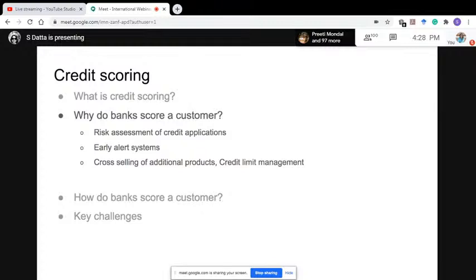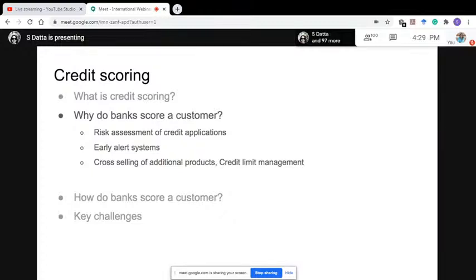Another reason to score a customer is you want to know what kind of portfolio you're working with, and what you have on books overall. You want to know what likelihood they have on an overall basis to pay you back.